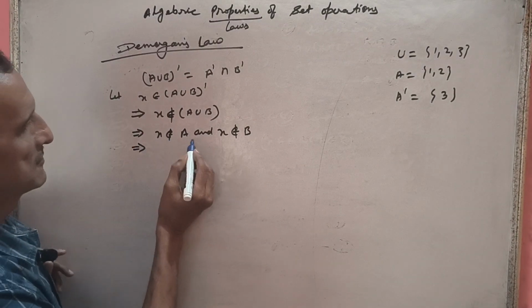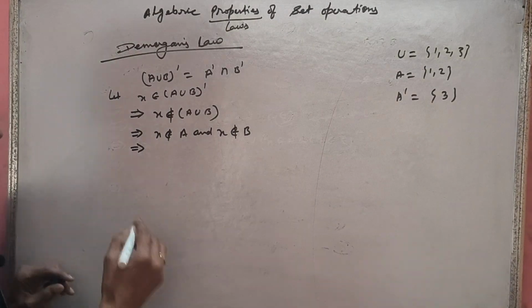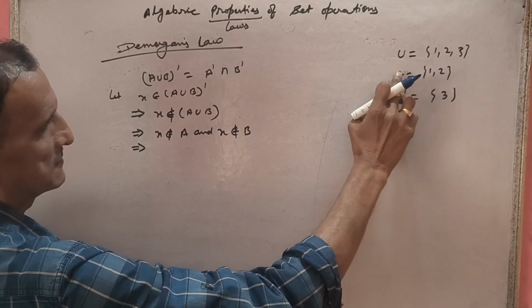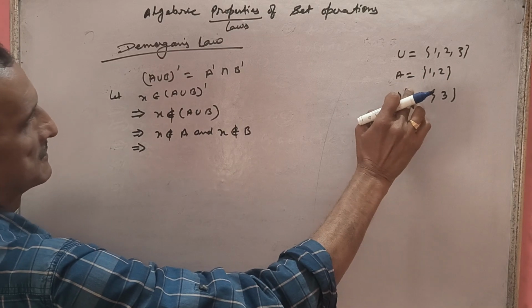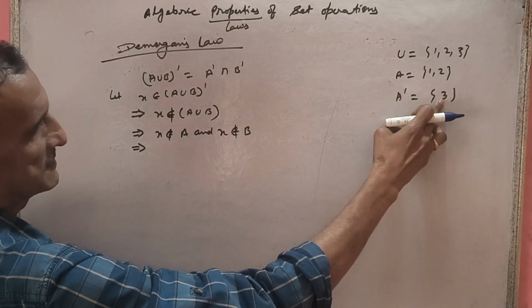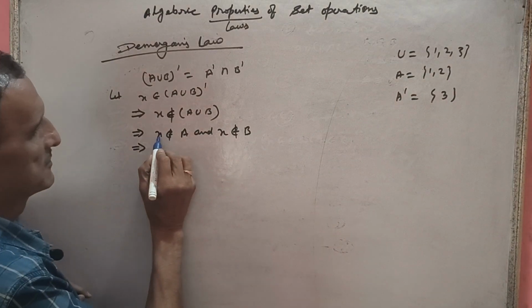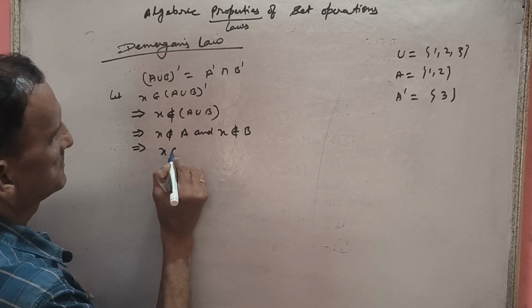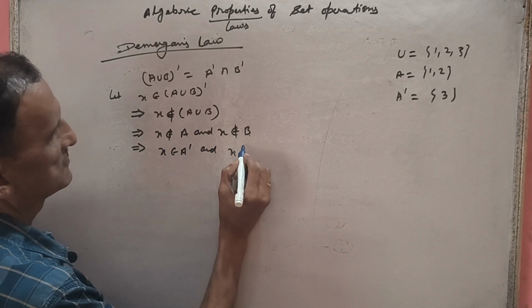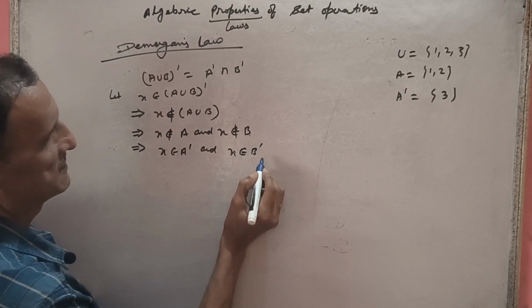So X does not belong to A. If 1, 2 belong to A, then 3 does not belong to A. Here 3 does not belong to A, then where is 3? In A complement. So X does not belong to A, then X belongs to where? A complement. And X does not belong to B means X belongs to B complement.